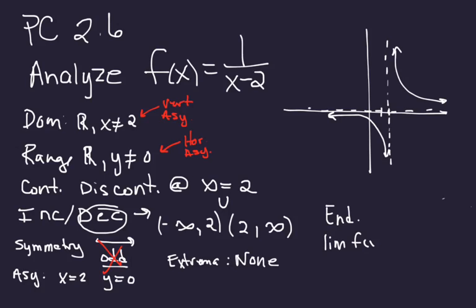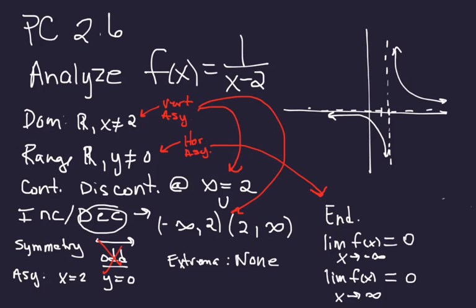Okay, what about end behavior? Uh-oh. I sent a world of papers back for this one. As this graph goes out to the right side and to the left side, where does it go? To 0. And so we have end behavior that looks like this.